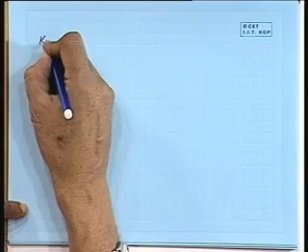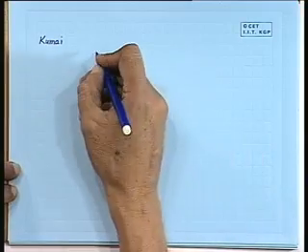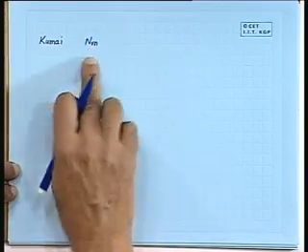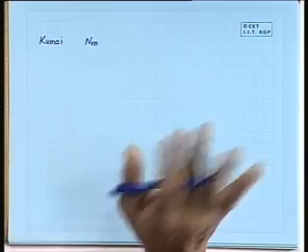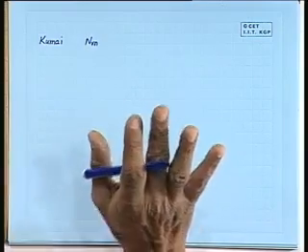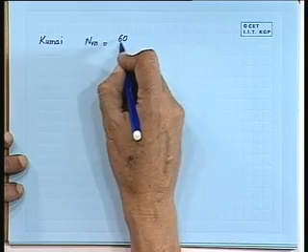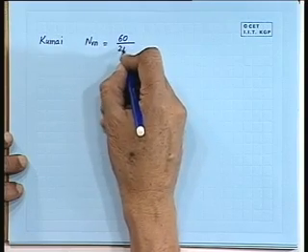These days a lot of work is going on, and one Japanese person known as Kumai has done an extensive job on this type, and he gave a general formula N_VN. N means the number of nodes in the vertical vibration. He has expressed it as 60 by 2 pi.